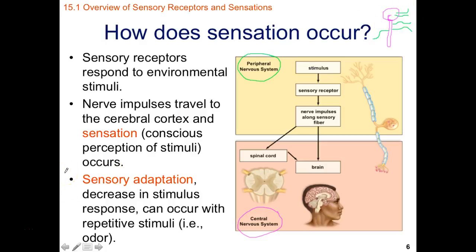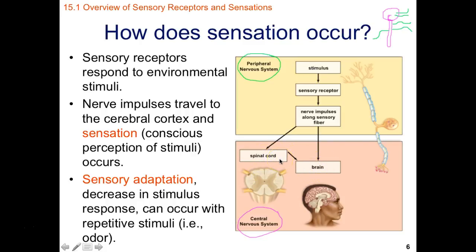Okay. All right, now from there. So we get the stimulus. Let's say it's within our skin. Let's say that example where we're touching a hot stove. Our thermoreceptors tell us that it's too hot, we're going to burn our hand. That gets sent through a nerve, a sensory receptor, so it'll go through our peripheral nervous system, eventually going to our spinal cord, and sometimes we'll go over to the brain.